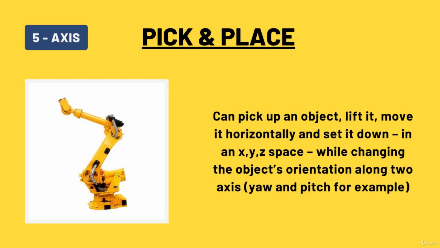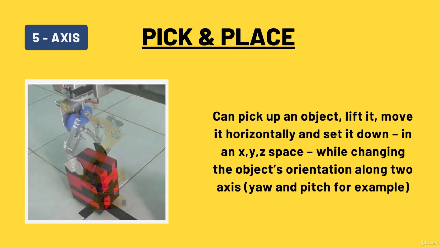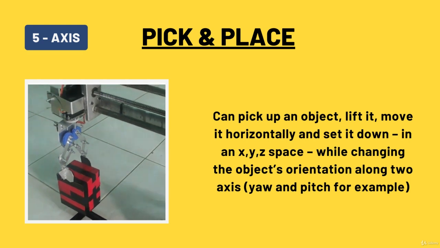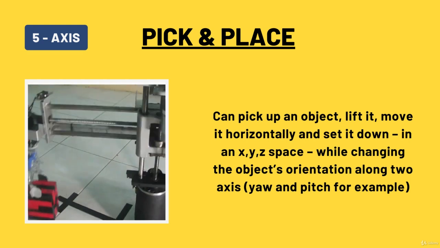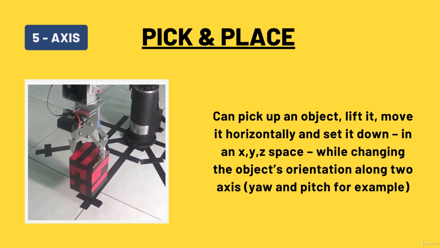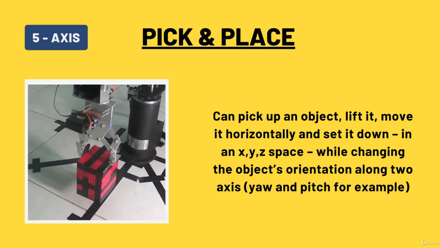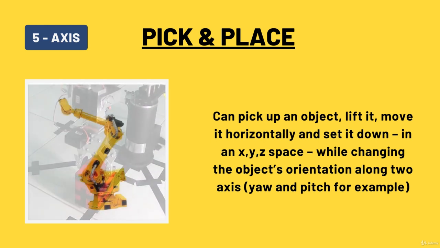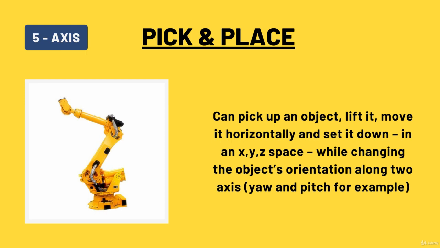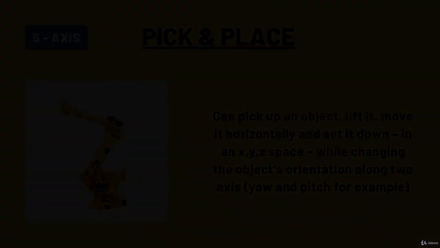The five-axis robot can pick up an object, lift it, move it horizontally, and set it down in an XYZ space, while changing the object's orientation along two axes. That means this is an example of yaw and pitch.